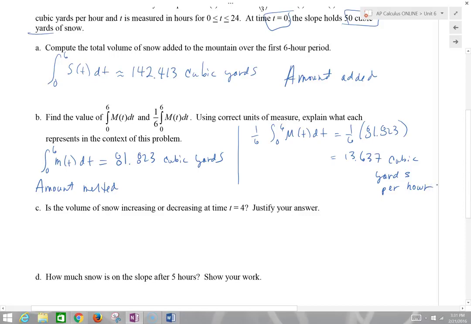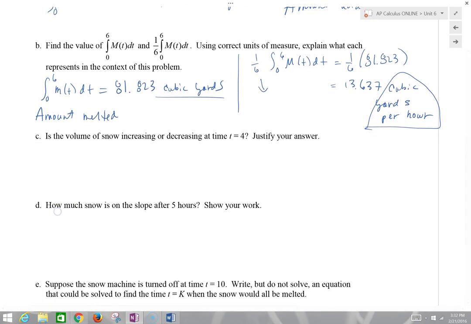Now, why was this one in cubic yards and this one in cubic yards per hour? That would be because we divided by 6 hours, so we changed it into a rate. So that is the average amount of snow per hour in cubic yards that was melting.